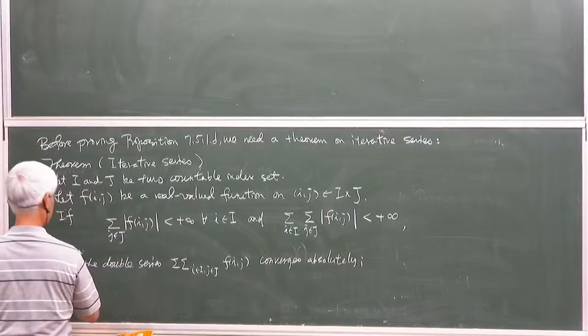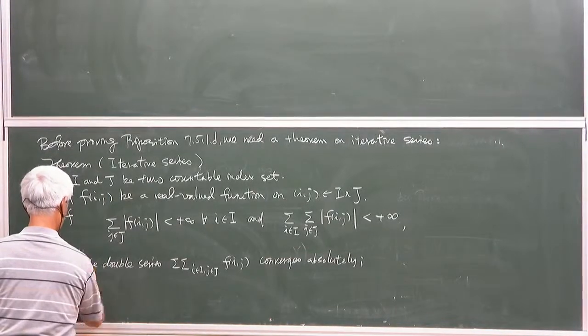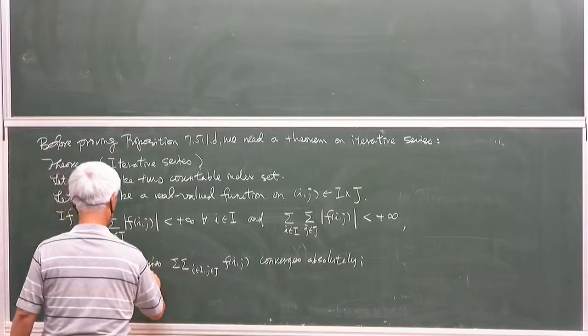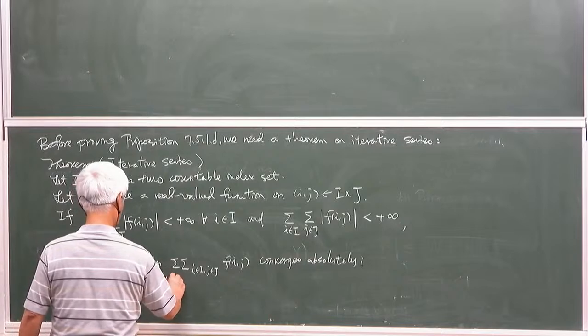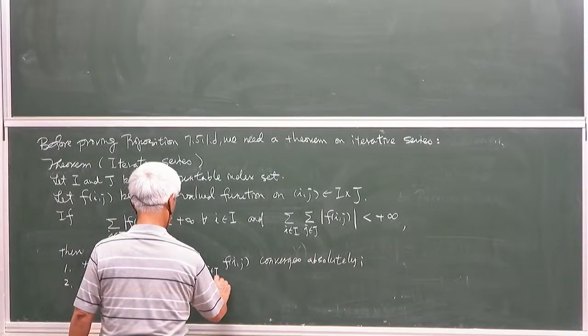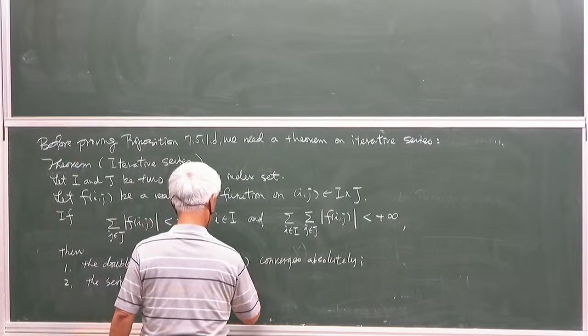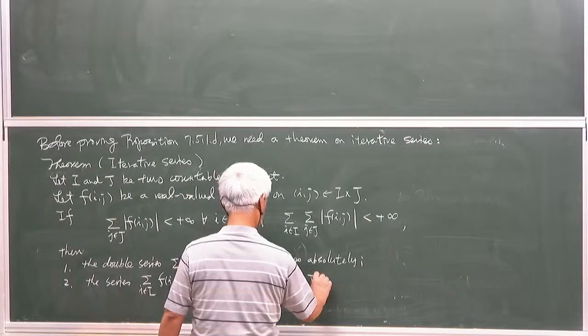Second, the series summation over i in I of f_ij converges absolutely for all j in J.